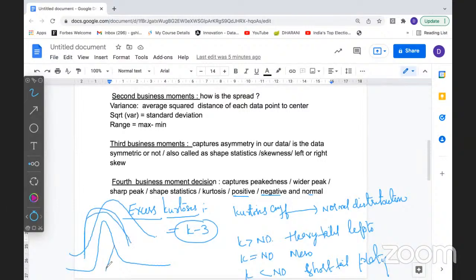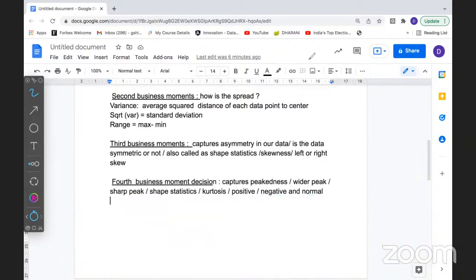So this is lepto. This is normal. This is platy. And this talks about the 4 descriptive statistics which we are involved in.